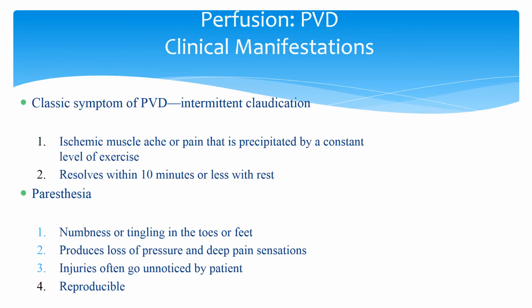The biggest thing that we look at when we're assessing patients for peripheral artery disease is intermittent claudication. That is usually where it feels almost like a Charlie horse.